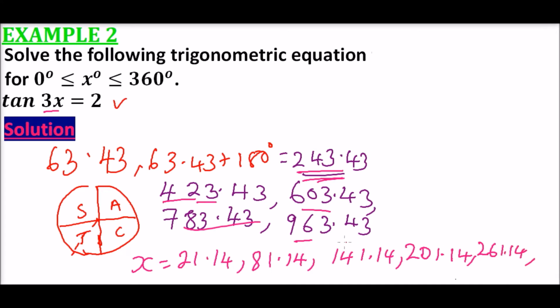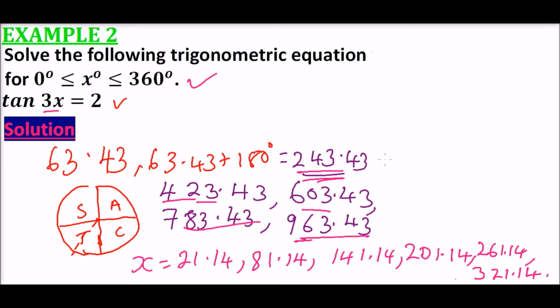And finally you divide our last angle, that is 963, you get 321.14. So all these angles, you can see they are within our range, that is, they are not beyond 360.